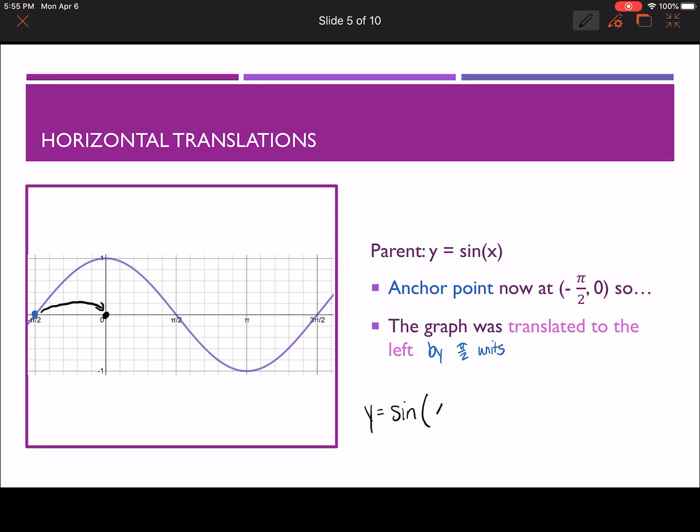And what I would tell you is you would take your x value and you would have to add that pi halves back in order to be where the parent function is. And there's our equation. It looks really similar to how it did when we were in degrees. However, when we were in degrees, that pi halves probably said something like 30, 60, 45, 90, one of those more comfortable degree values. Now it's going to be one of our more comfortable radian values.